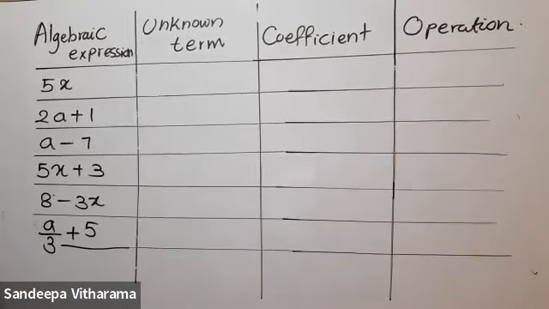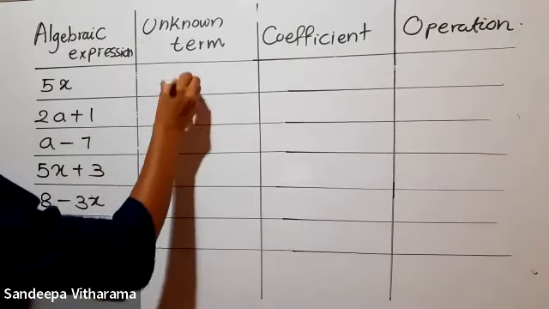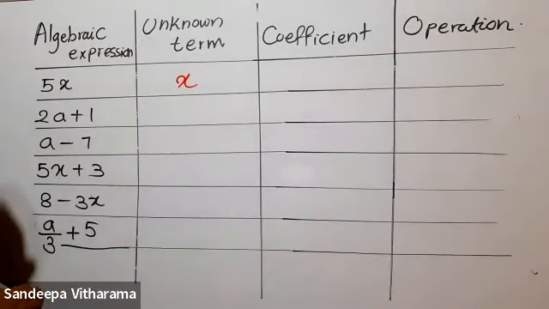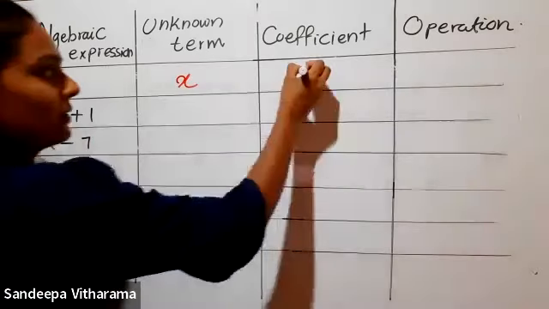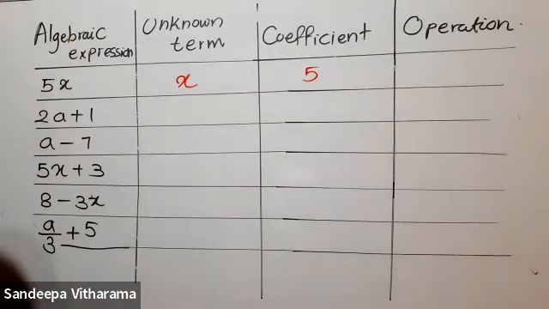Have you finished writing the answers? Yes, madam. Okay, then tell me what is the unknown term here? X. Very good. Then what is the coefficient here? 5. Can you see any operation here?